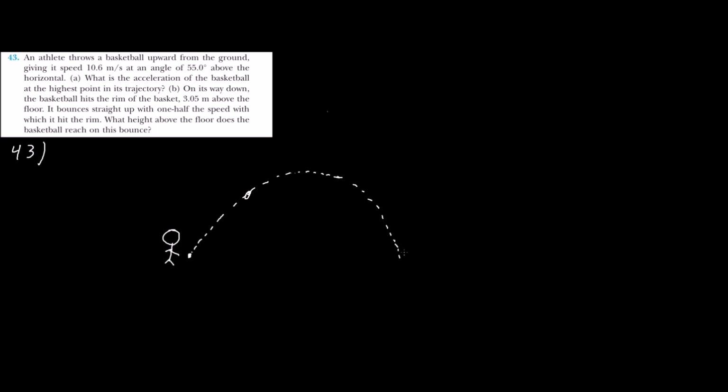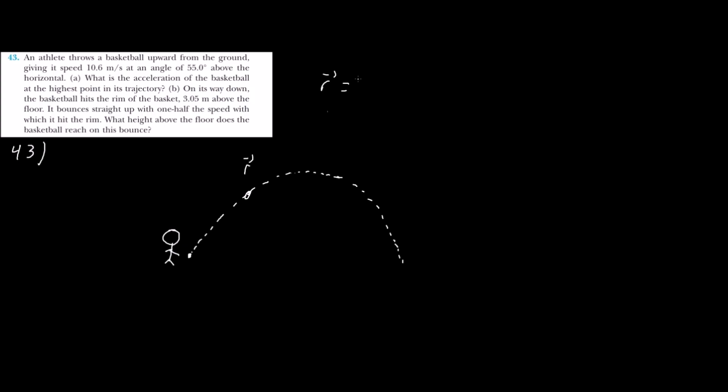All right, so this is kind of the motion here. And this is going to be the x-axis, and this is the y-axis. And this is going to be the position as a function of time.